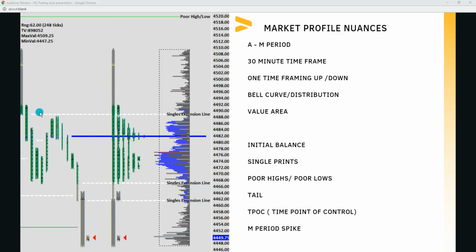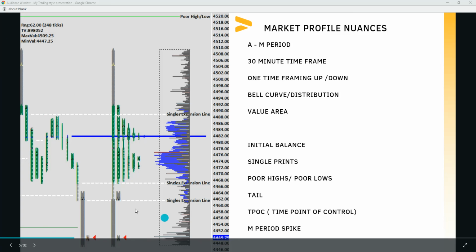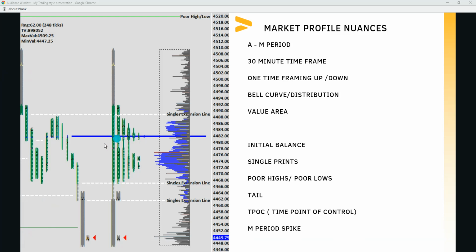Are we going to break A's low? And then there's also the A to overnight trade, where they'll look at the overnight session's reference points, the high and low, and where will the market go and touch either the overnight high or the overnight low, or maybe the overnight midpoint, right?